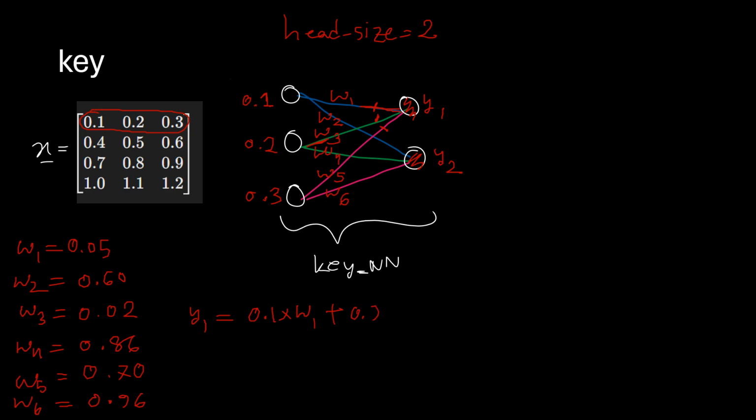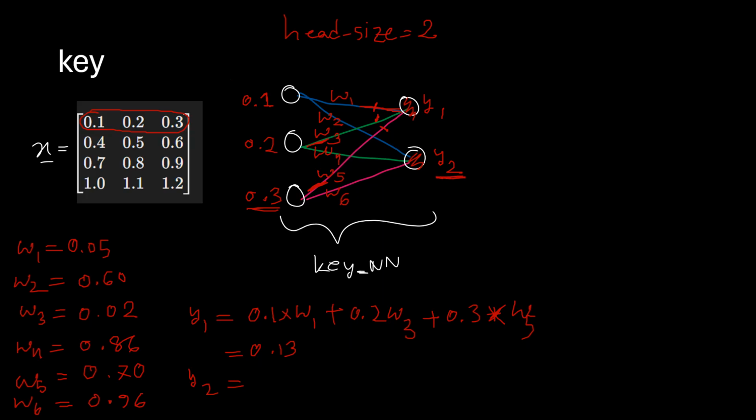So 0.2 times w3 plus 0.3 is coming to y1 through this edge. So 0.3 times w5. If you put in these values of these weights here, we will find y1 equals to 0.13.